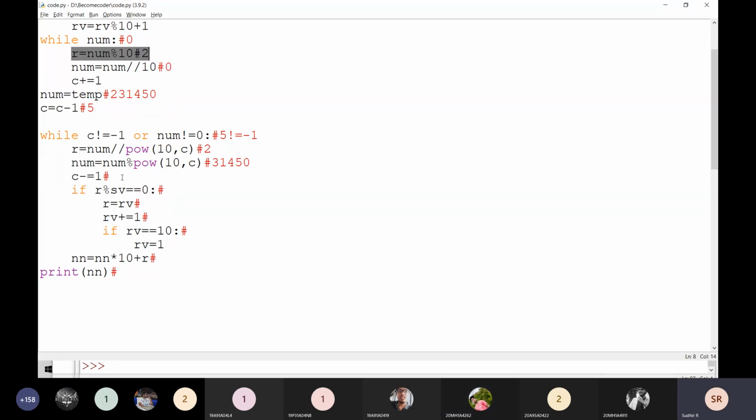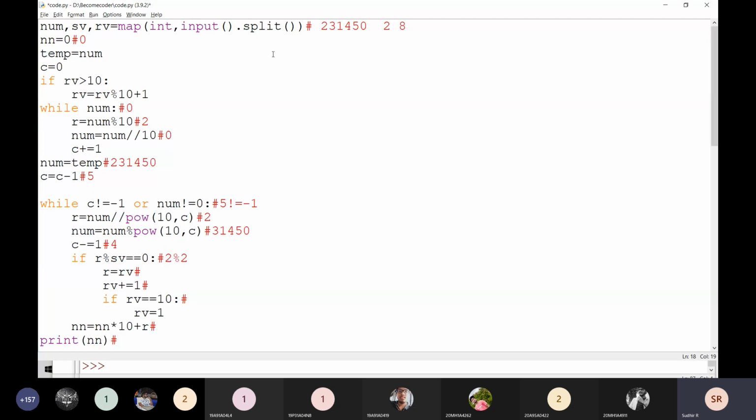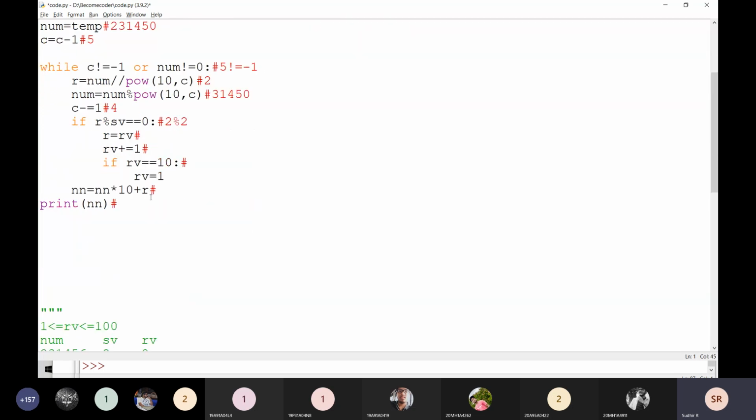Now I'm going to decrement the C value, and C value becomes 4. Coming to this one, now what is R value? R value is 2. Is 2 divisible by 2 or not? Why I'm going to check with SV 2 only, that is SV value is 2. Is 2 divisible by 2? Yes, sir.